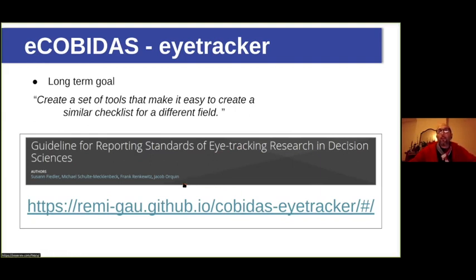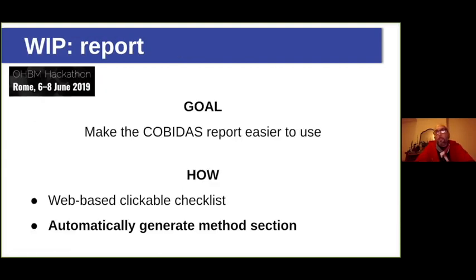I just wanted to make sure that it wouldn't be too hard to convert that table into its own app. So, I took a couple of hours, maybe a bit more, to do that. And now there's also an app to help you make sure that you've got good reporting of your methods for eye tracking results, or for an eye tracking experiment.